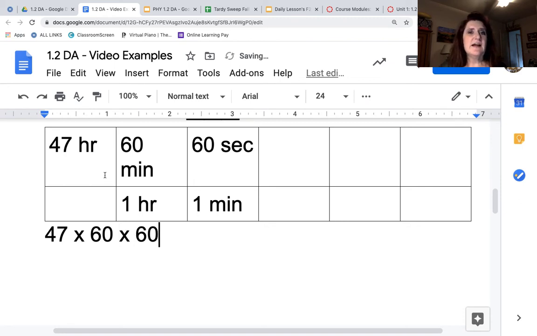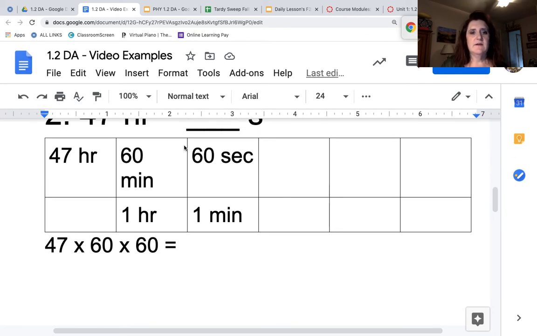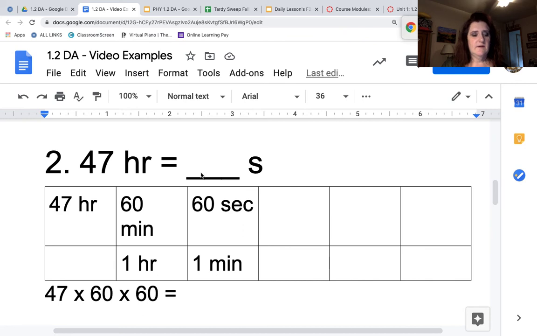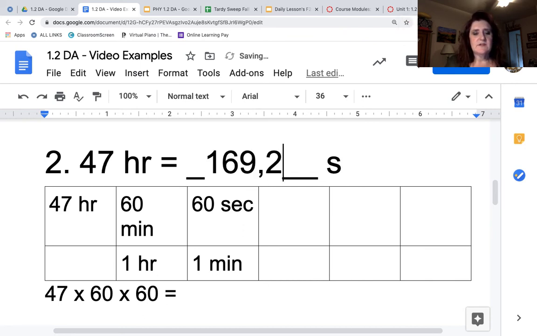There's nothing to divide here because you're dividing by 1. So 47 times 60 times 60, grab your calculator. 47 times 60 times 60 is 169,200 seconds.